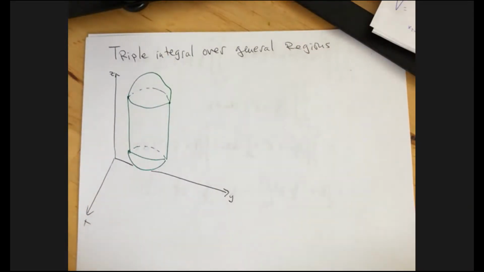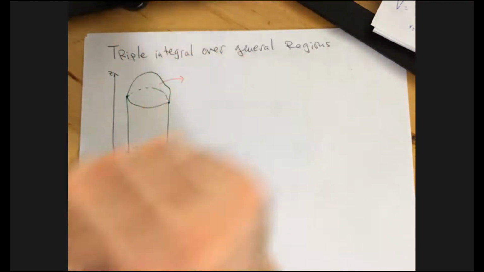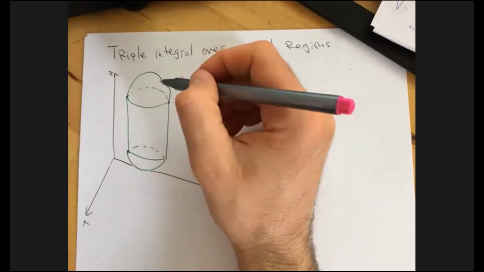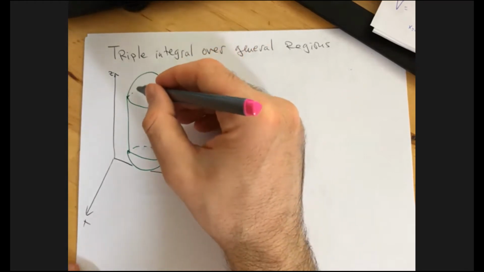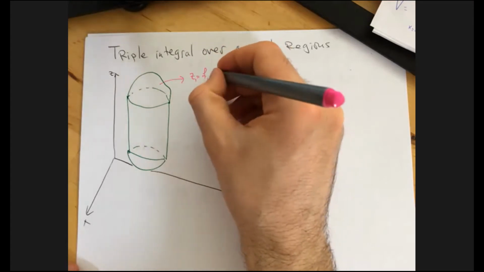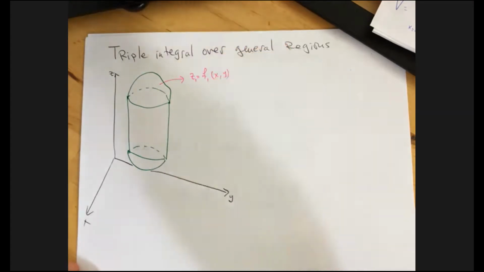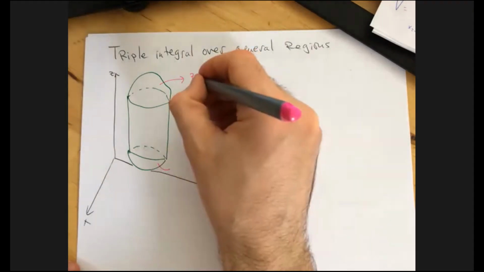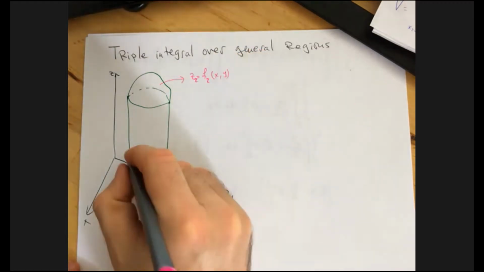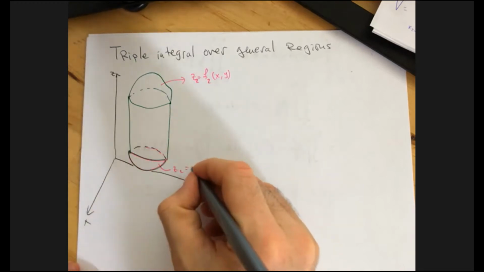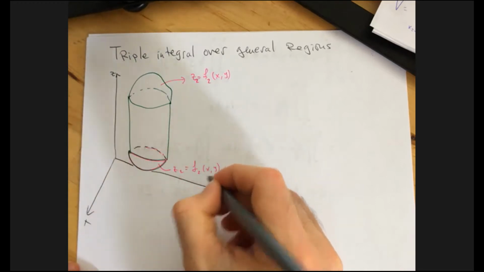So look at this. This right here on top, this solid is going to be what? Well, this is some function z1, which is f1 defined in x and y. And this one, on the other hand, let's say z2, is just this part right here, which is some other function defined in terms of x and y.